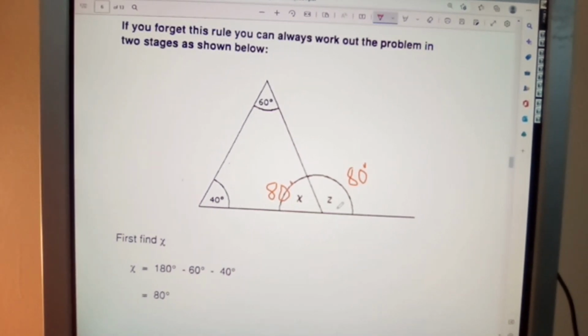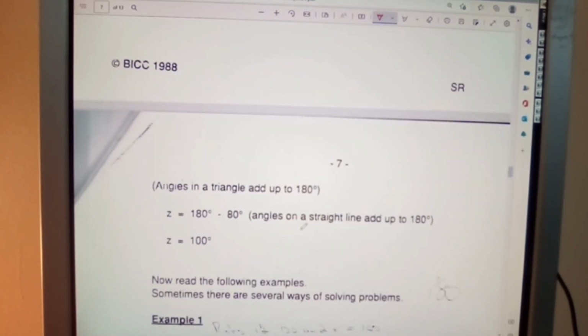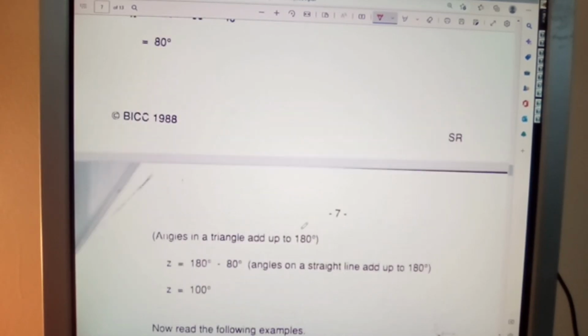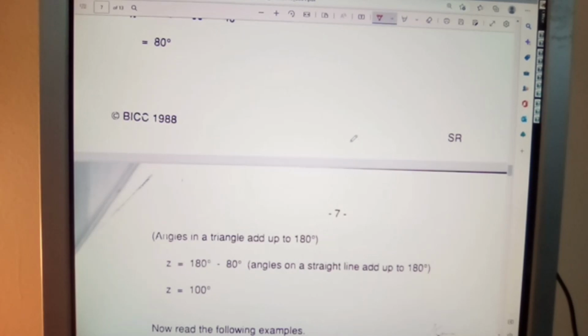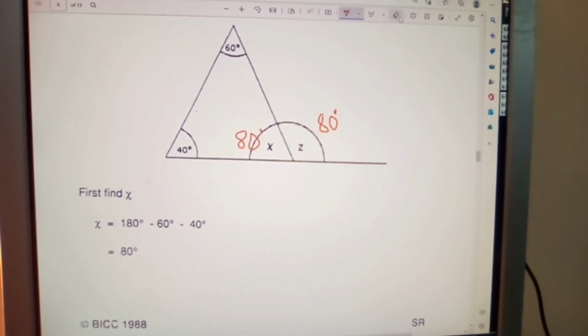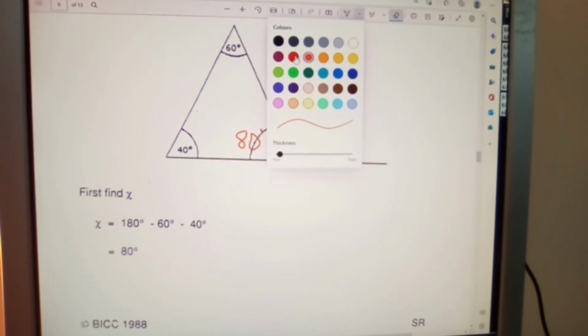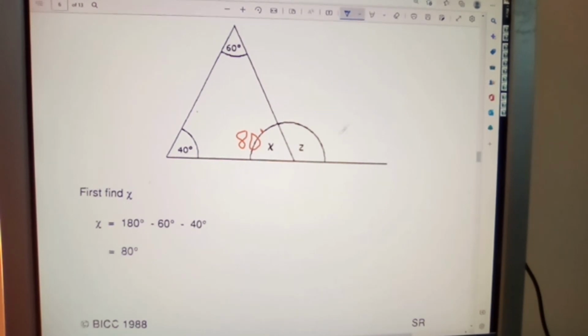But it's not saying that, it's saying that it's 100 degrees. Z equals 180 minus 80 equals 100.